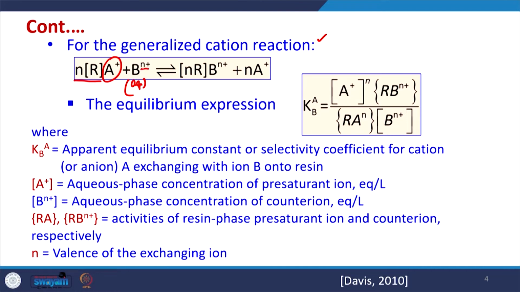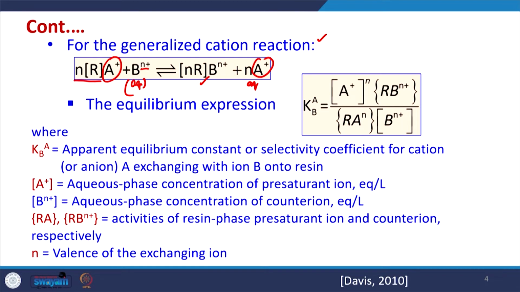Now, this B N plus will go into the resin, and A plus ions which are already there on the resin, N number of those ions, will come out and be in the aqueous solution. So, this is how the generalized cation exchange reaction can be written.